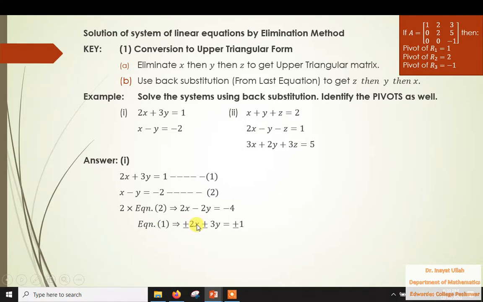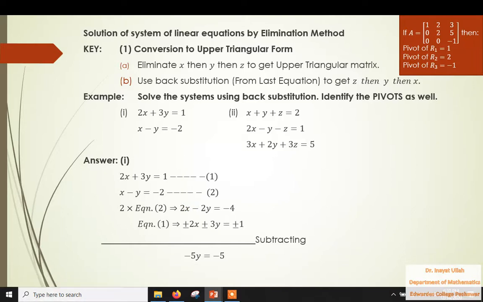2x plus 3y equals 1, and subtracting these two. Whenever you subtract two equations, we change the sign of these terms. So plus will be minus, this plus will be minus, and this plus will be minus.